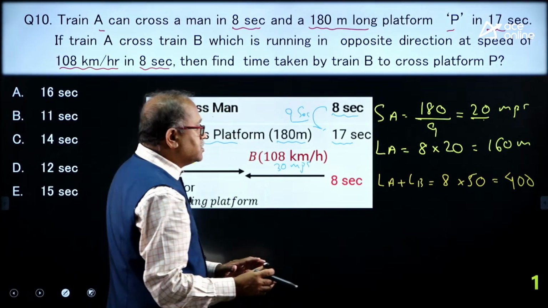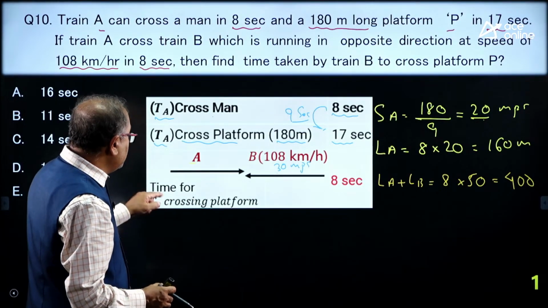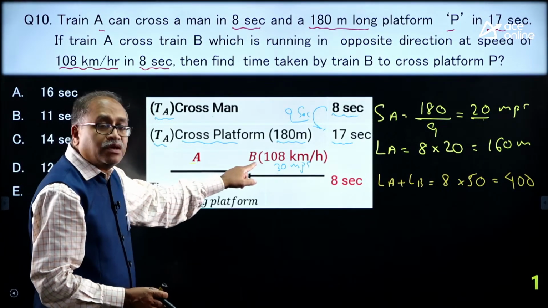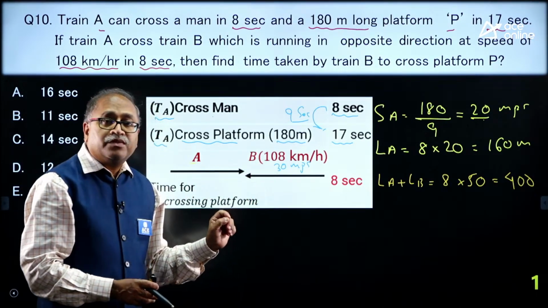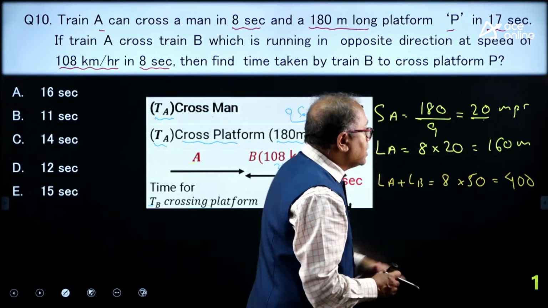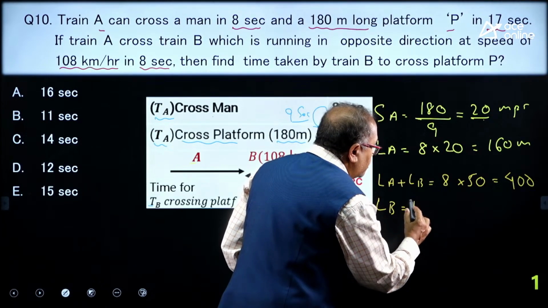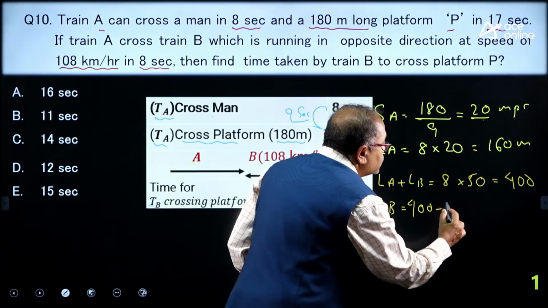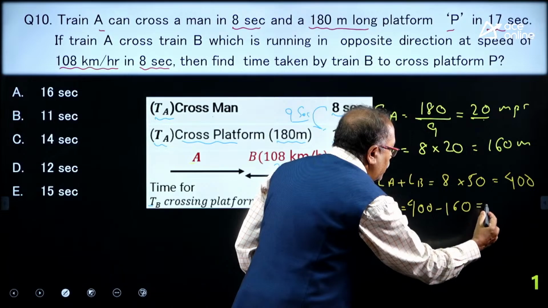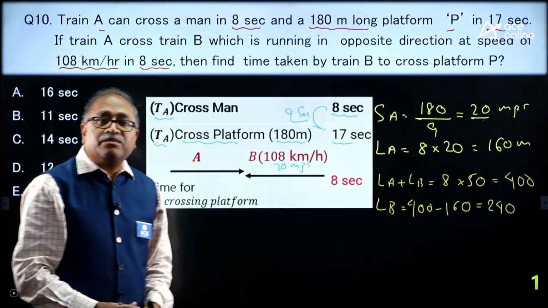Okay, that is done. I need the length of train B, this is the total length. So, what is the length of train A? The length of train A I already calculated. So, length of train B will be 400 minus 160, and that comes 240, the length of train B.